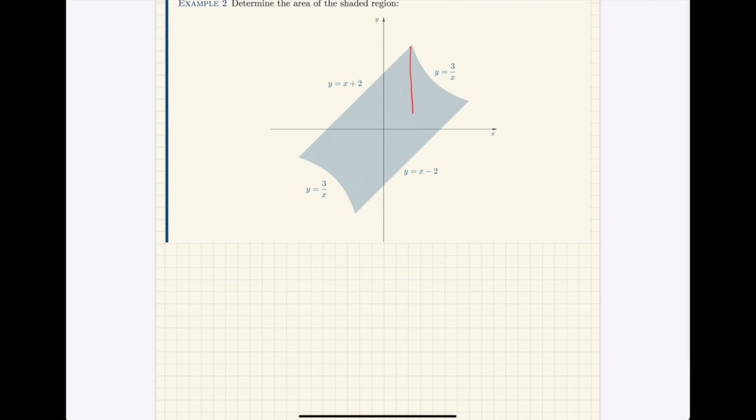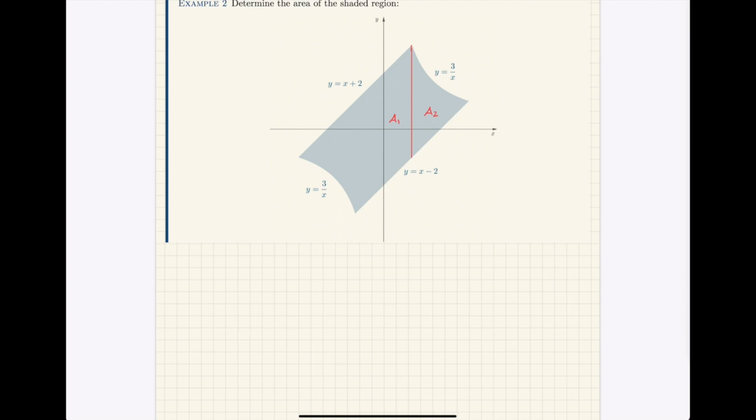Let me try to do my best. So this is good. This is the line that I will draw. And I divide my region, so let me call this one A1 and let me call this one A2. I want to calculate A1 and A2 separately and then add them together at the end.